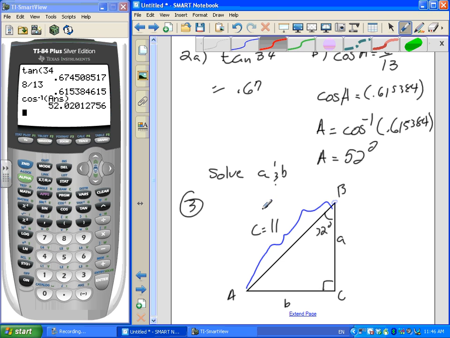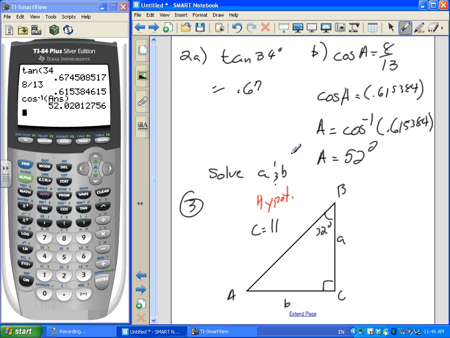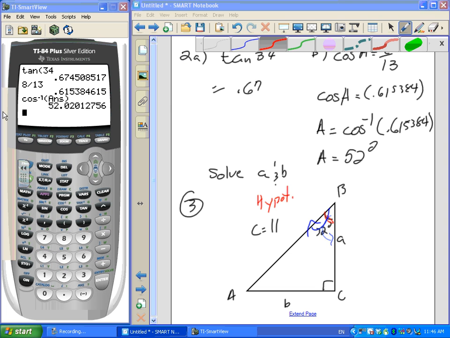So this is our H, our hypotenuse, and we have this angle here. We could use two different formulas to solve. First, we're going to solve for side A. So side A, we're looking for the adjacent, and we have the hypotenuse. In that case, we're going to be using cosine.